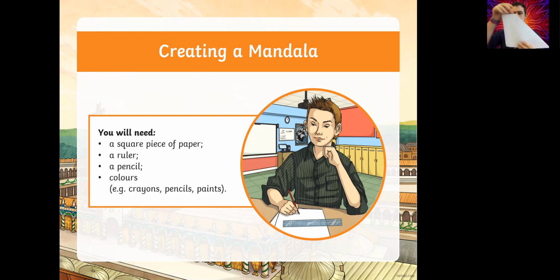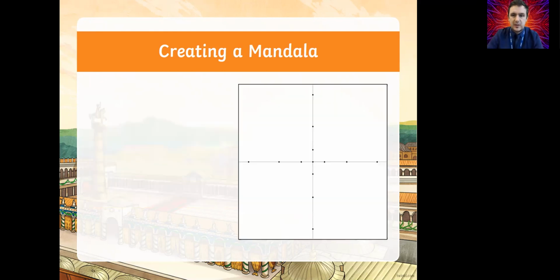If you cut off this strip, this rectangle on the end, you'll have a square. So that's an easy way to make a square if you've got an A4 piece of paper. So that's what you're going to need.